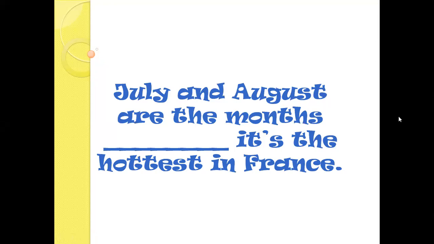Ahmed Abdel Fattah. Yes, Ahmed. Which? Are you sure? July and August. What is July and August? They are months and they are time.